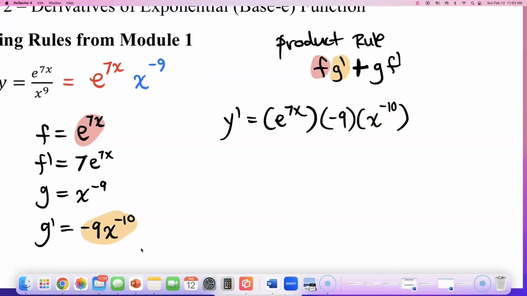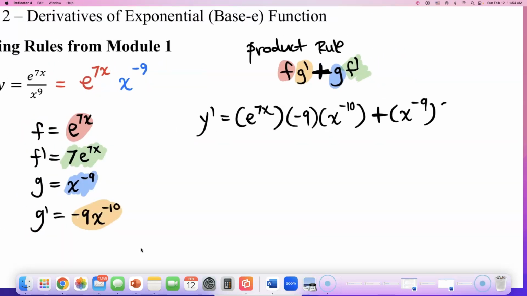Plus sign. Now what's g? g was that second piece of the multiplication, x to the negative 9th power. And lastly, I'm multiplying this by f prime, which is 7 e to the 7x power.